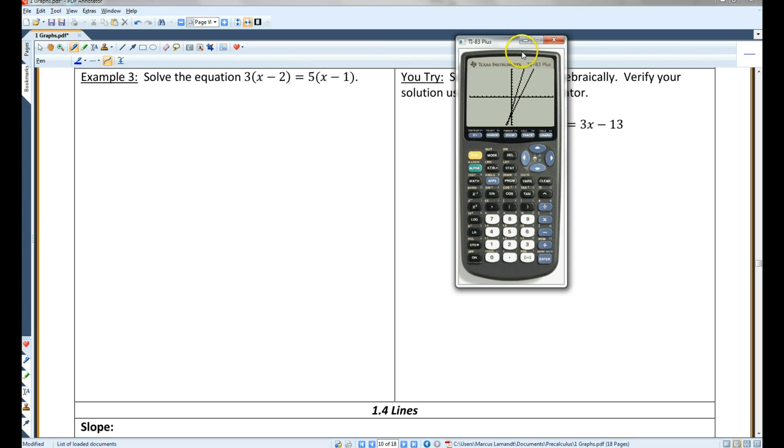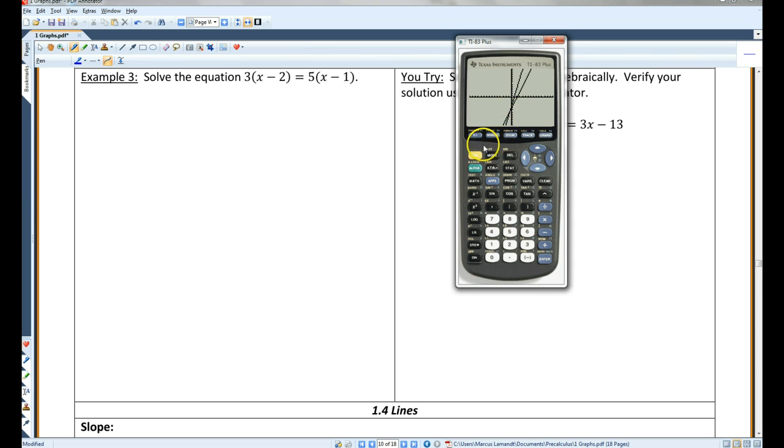Okay, so I'm given these two lines. I'm going to zoom out a little bit, just so we have a better view of the point where they intersect. There we go. So we're looking for this point here.